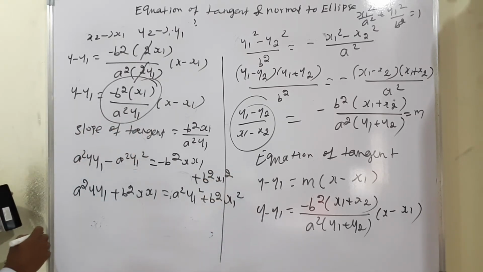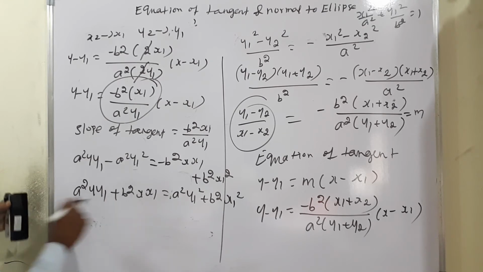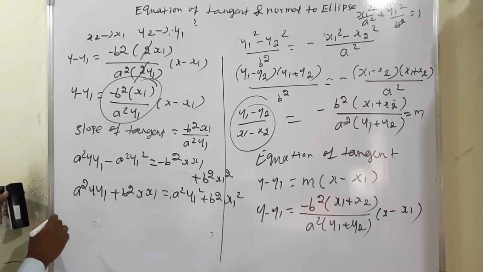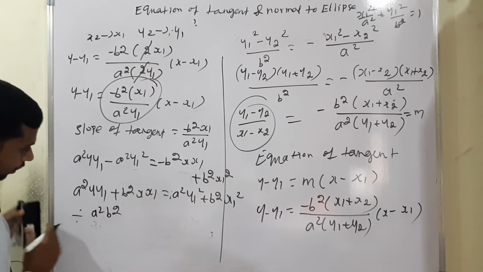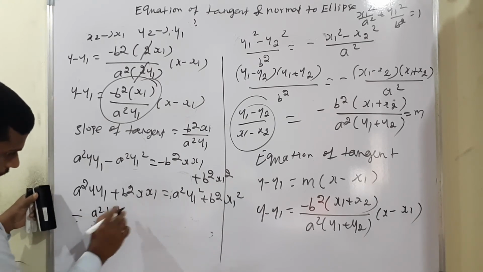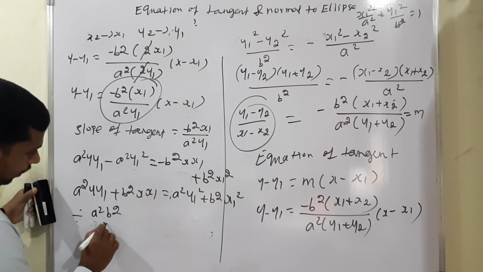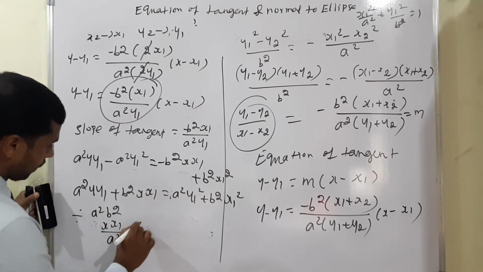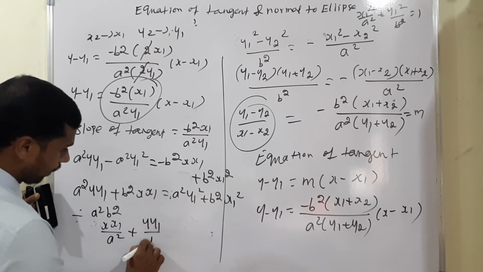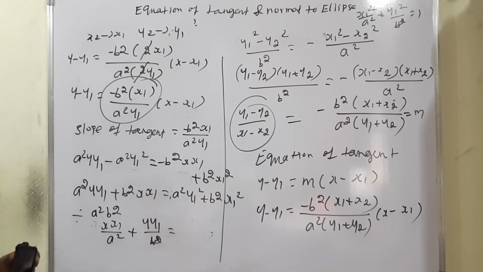Each and every term divided by a square b square, what will happen? x1 x divided by a square plus y1 y divided by b square is equal to the opposite side.